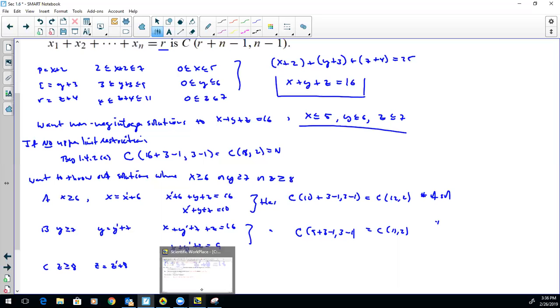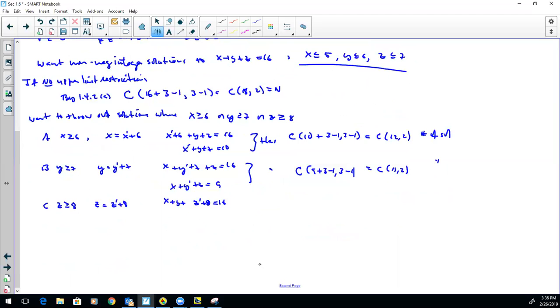If you subtract that, we're looking at a solution to x plus y plus z prime equals 16 minus 8 equals 8. And this has C of 8 plus 3 minus 1, 3 minus 1 equals C of 10, 2.